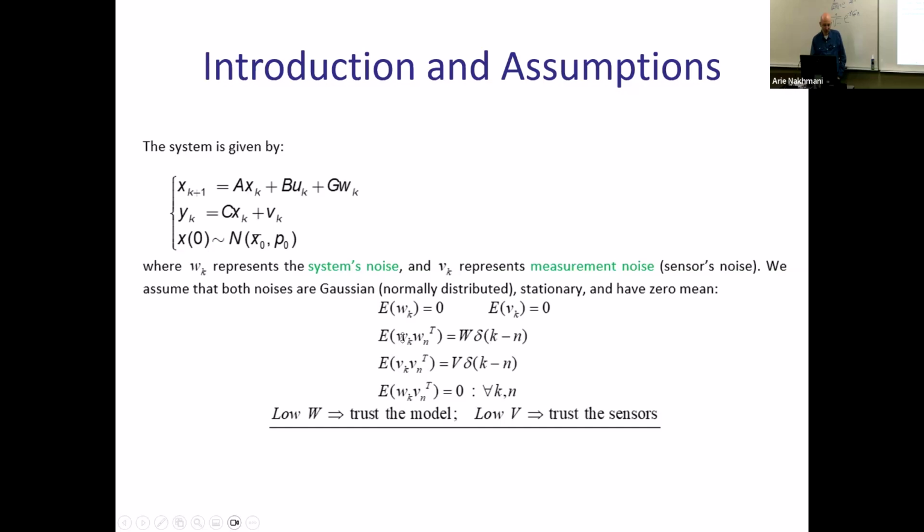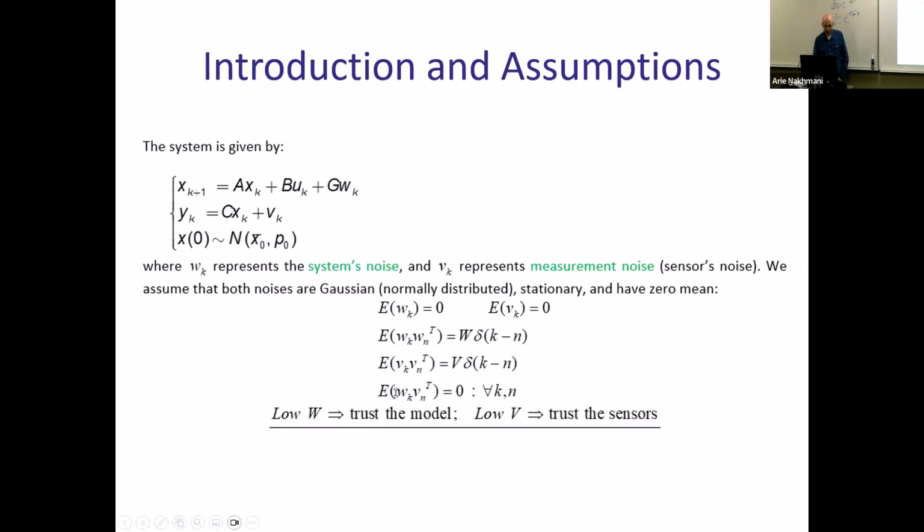Now, the expected value of W_k times W_n, which is the cross covariance, technically speaking a covariance matrix, we will call W. The other matrix, the covariance matrix for the second noise, will be V. These are just names I'm giving to the covariance matrices of measurement noise and of system noise.